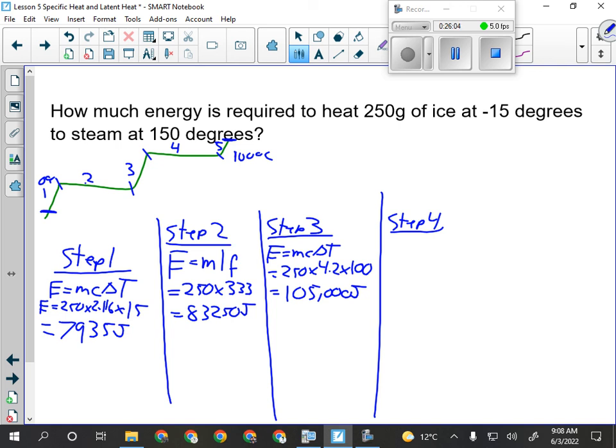What's going to happen to it? It's going to evaporate. Okay, so that's step 4. During step 4, there is no temperature change. So what formula will I use to calculate how much energy would be involved in step 4?